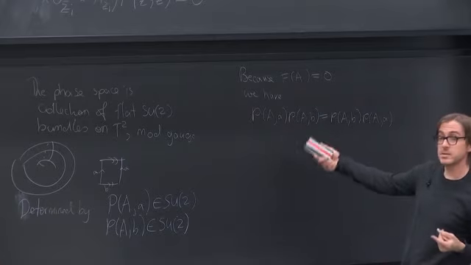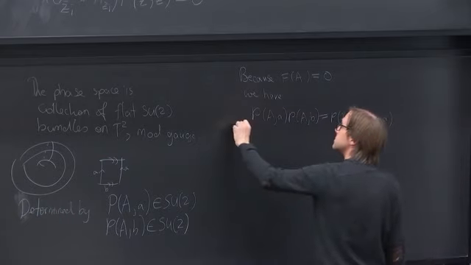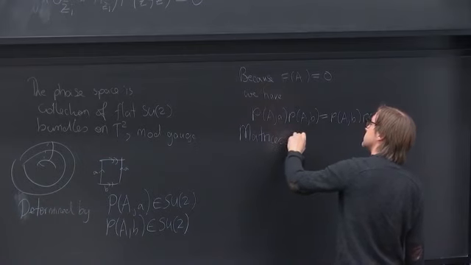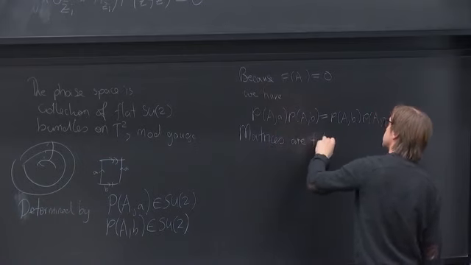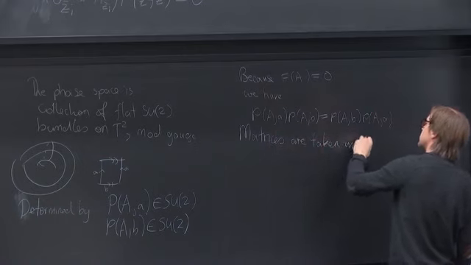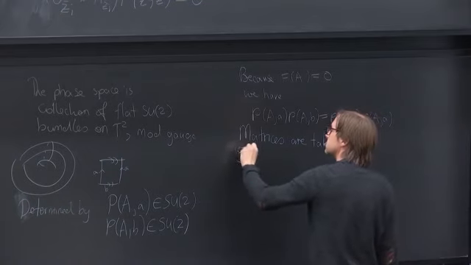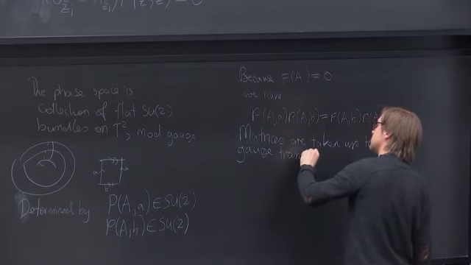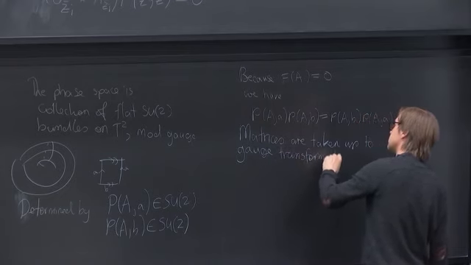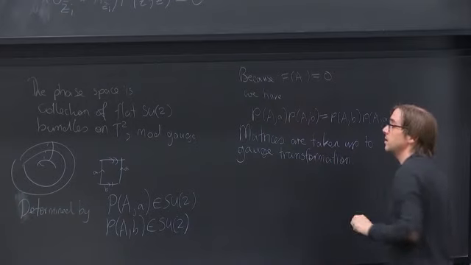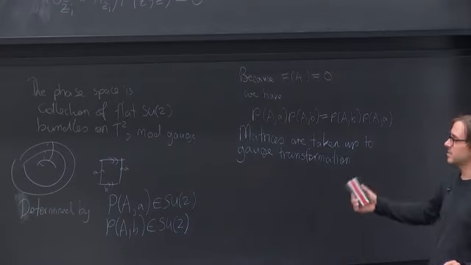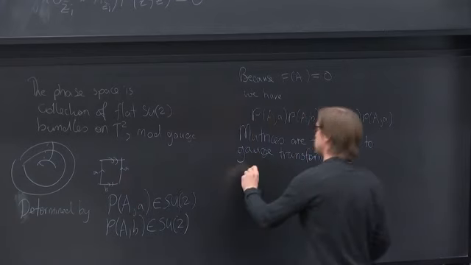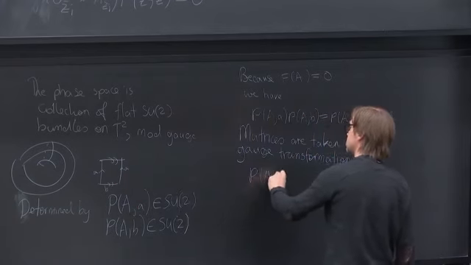And also, these matrices are taken up to gauge transformation, which means conjugation in this case, because a gauge transformation sends this matrix.